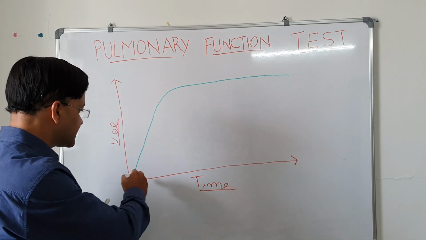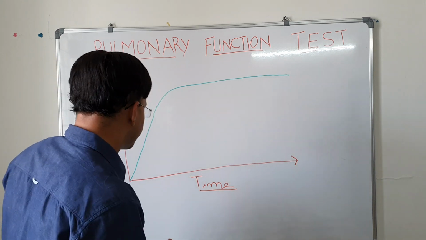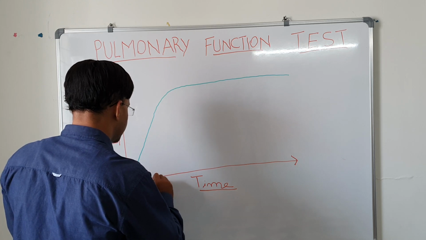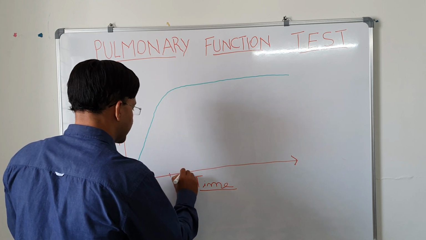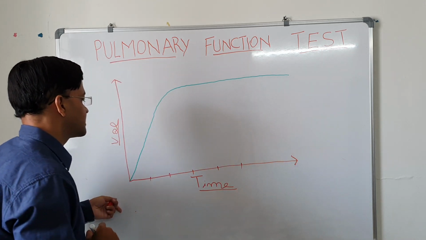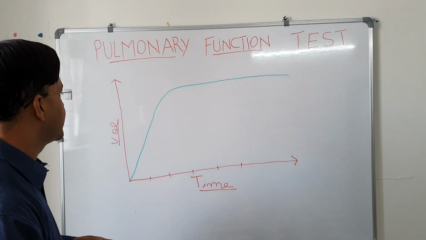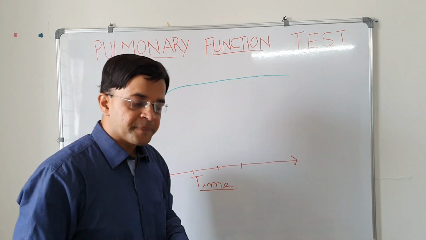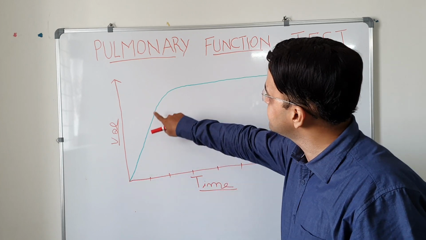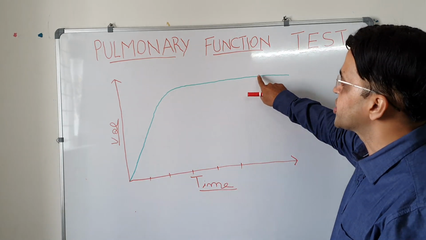And now on this axis we have time, which we can divide into 1 second, 2 seconds, 3 seconds, 4 seconds, 5 seconds, right? Now, this is the maximum point where it is reaching.